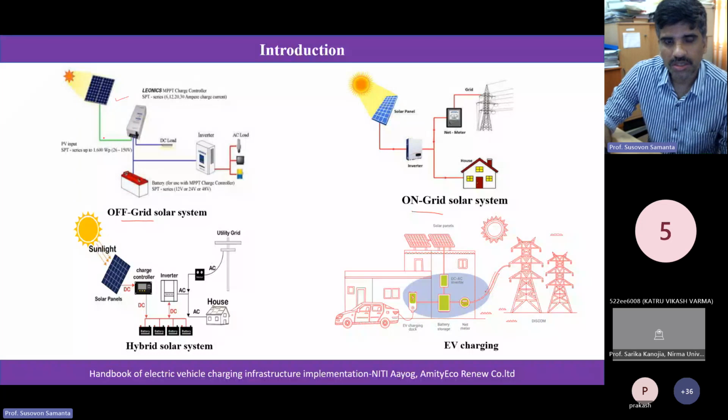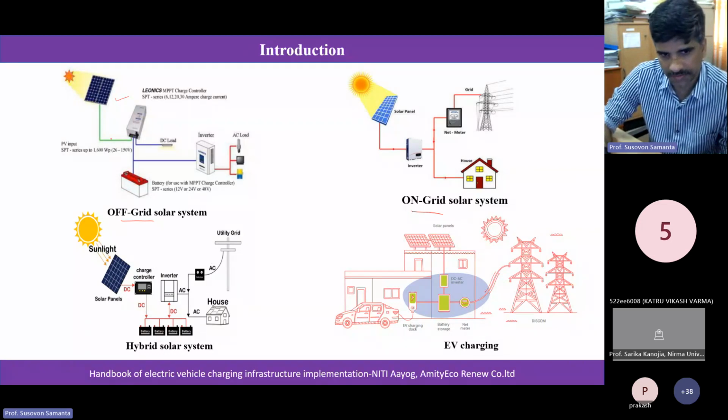So what you can do is use a battery as a secondary source, and the combination of this panel and battery can be used to supply the load. That is basically your off-grid solar system. Now you can have a combination of that, like a solar panel, a battery, and also the utility grid.